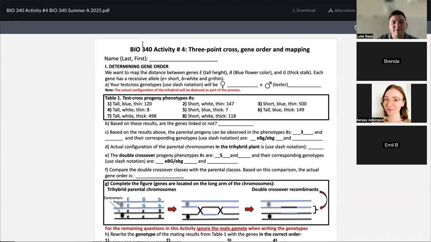Oh yeah, yes. You definitely are able to ask using your mic. Okay, thanks, Luke. Yeah, of course. I was just wondering because I started it and the 3 point test cross, just like the 2.1, is supposed to be done using a tri hybrid cross, since it's 3 point homozygous recessive at all three genes.